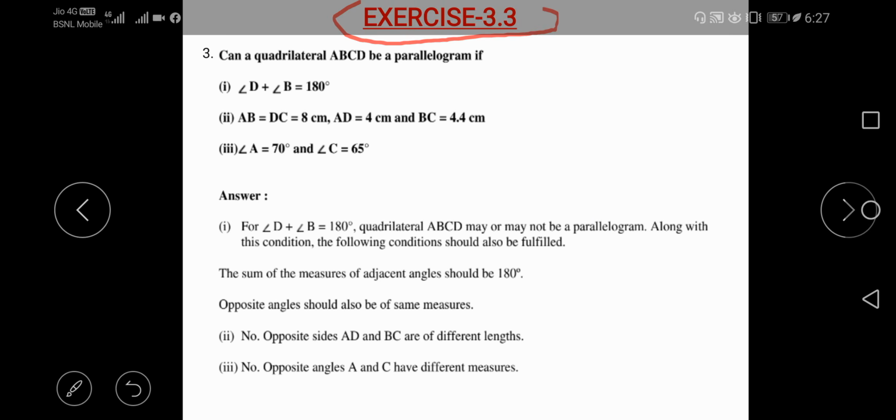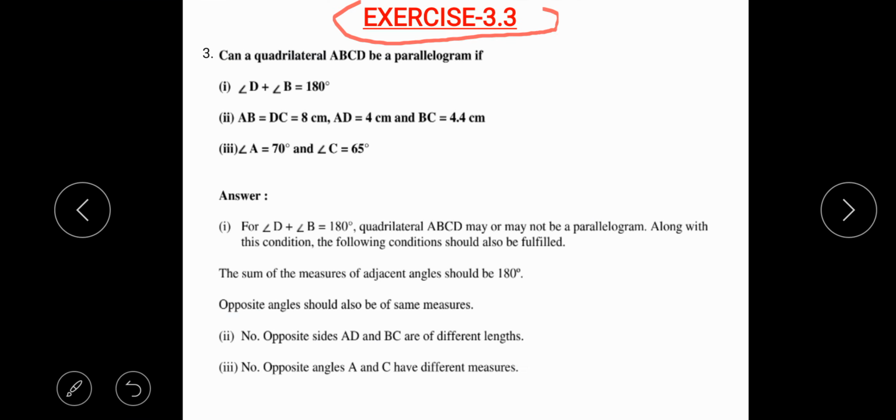Here is question number three. The first question is: can a quadrilateral ABCD be a parallelogram if the given condition is angle D plus angle B is equal to 180 degrees? Firstly, check the first condition.